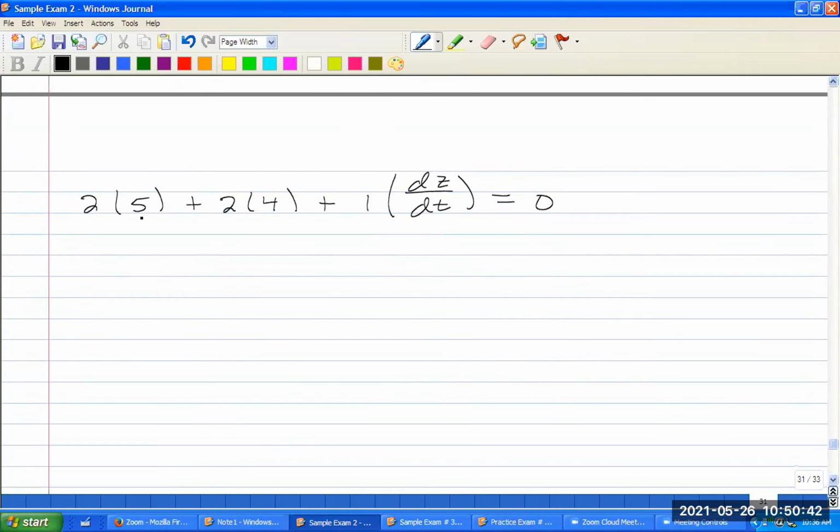And so 10 plus 8 plus dz/dt equals 0. So dz/dt is equal to negative 18. And that's your answer. Okay.